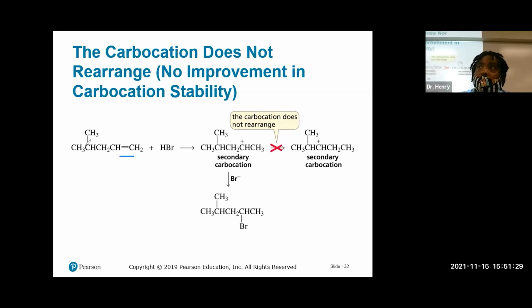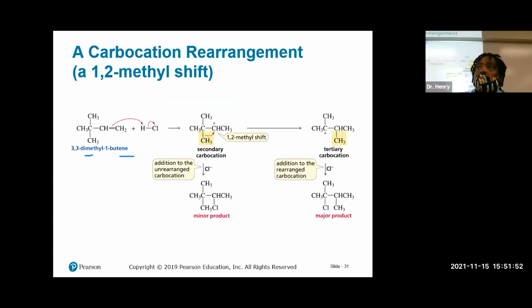That's the distinction. If we take a look here, the double bond is at the 1, right? The secondary carbon is located 1, 2 over, not just 1 over. Where in the other example, it's located only 1 over.